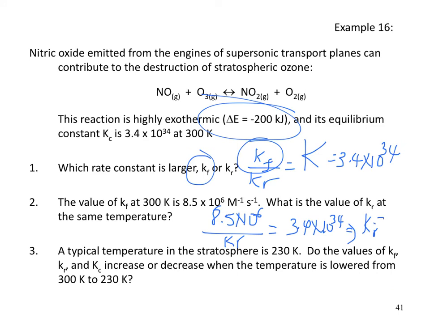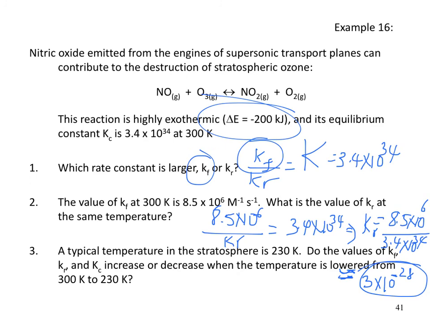So Kr is going to be equal to 8.5 times 10 to the power of 6 divided by 3.4 times 10 to the power of 34. And that's going to give you approximately 3 times 10 to the negative 28. Really tiny value.